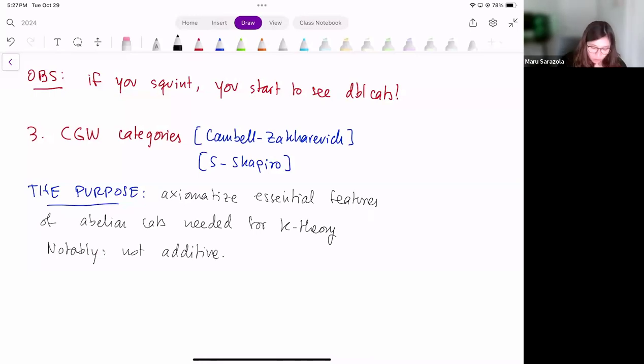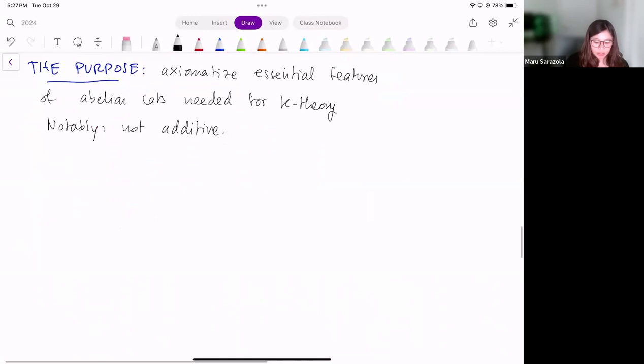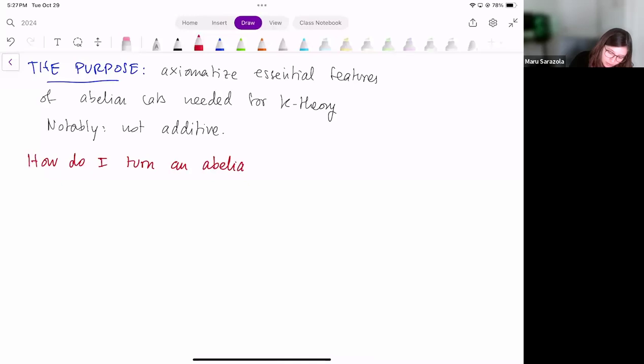All right, so how are we going to do this? Well, the first thing that we're going to try to do is answer the following question. How do I turn an abelian category into a double category? We kind of went over this already. We said, okay, we can take the same objects.